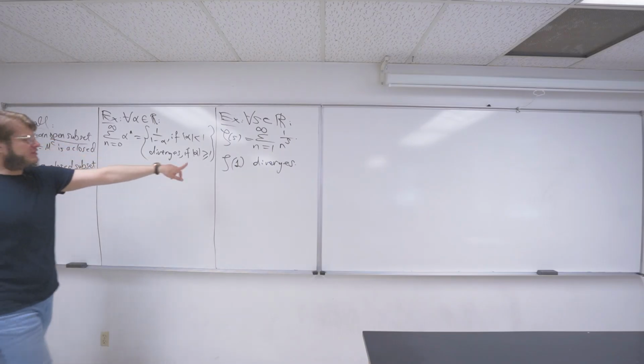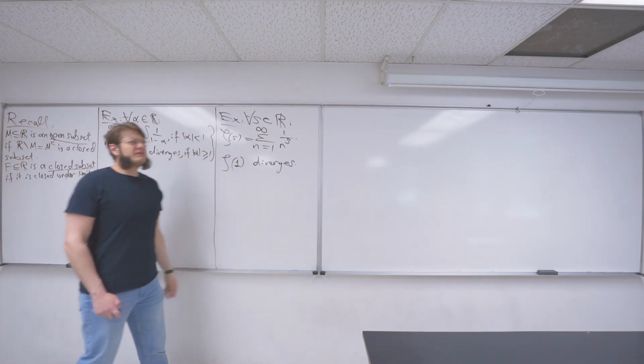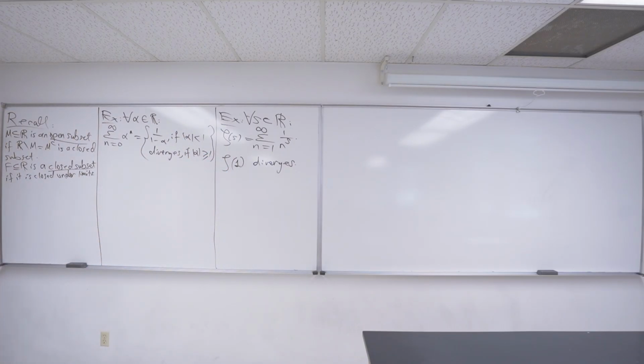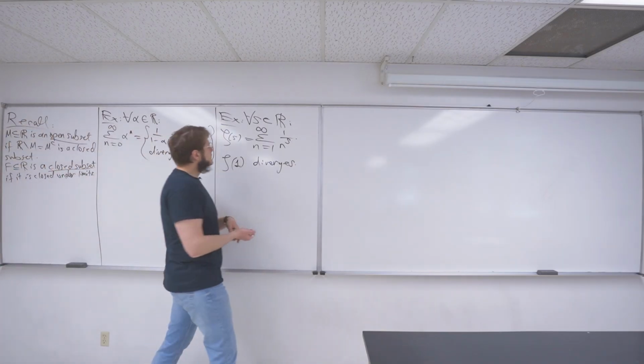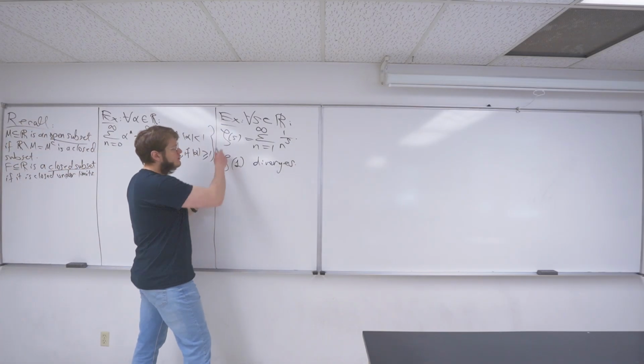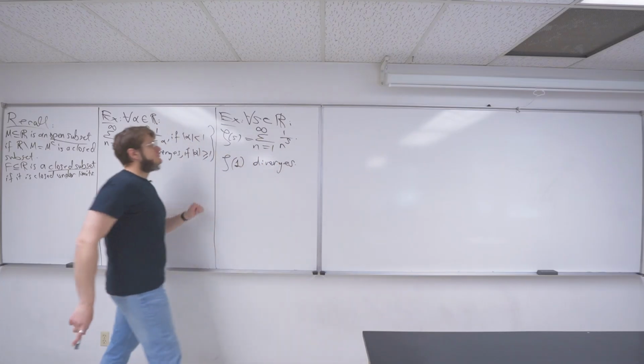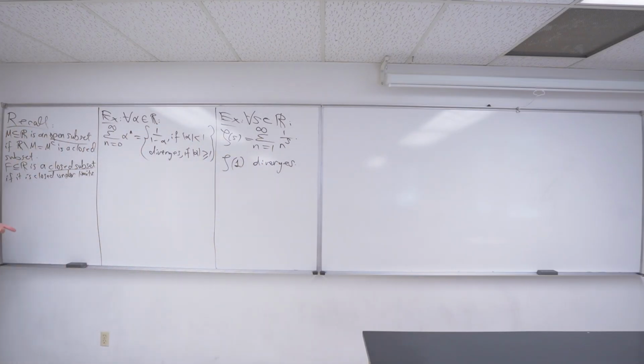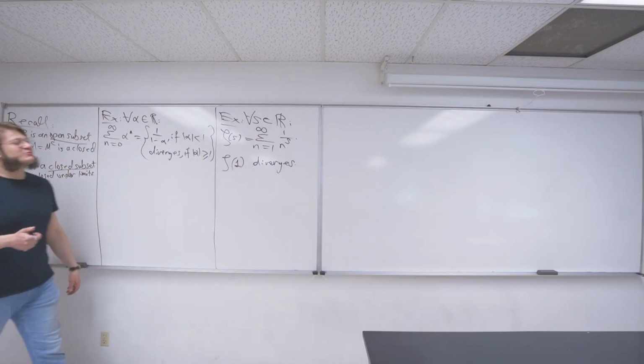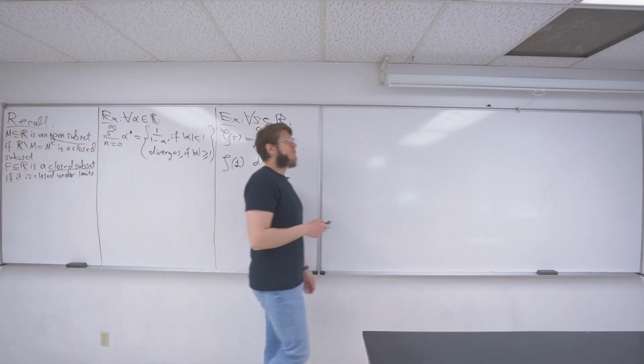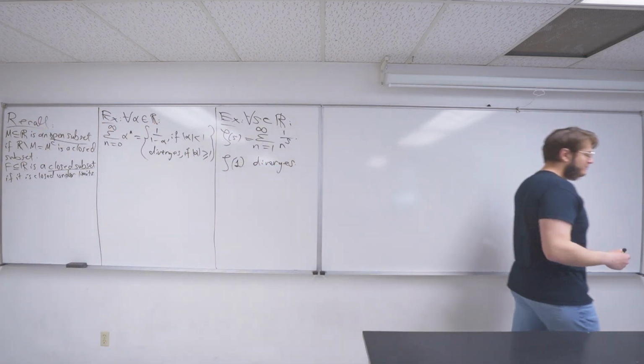And the other one is the harmonic series, or in Calc 1 you might have heard the phrase p-series. It's the same thing. So for any real number s, I'm thinking of zeta of s to be this formal series, that is to say, the s powers of reciprocals of integers added up.